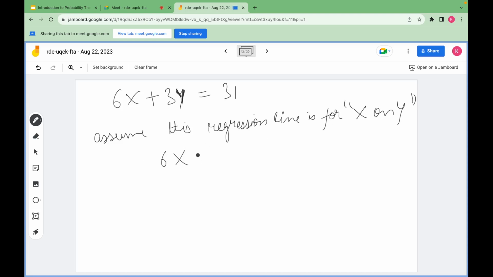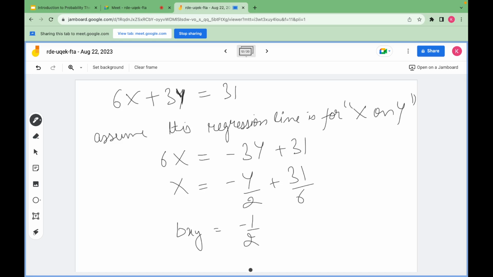So we can write 6x equal to minus 3y plus 31, x equal to minus y by 2 plus 31 by 6. So bxy is equal to minus 1 by 2.